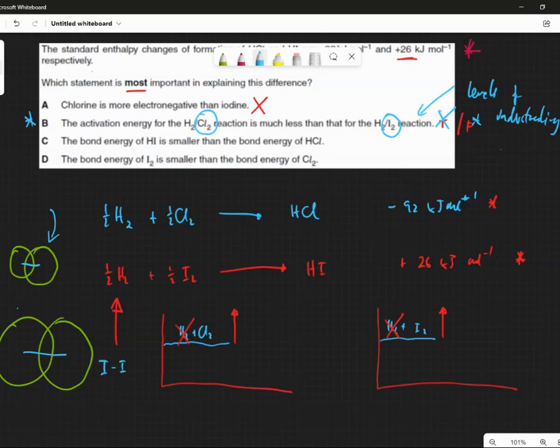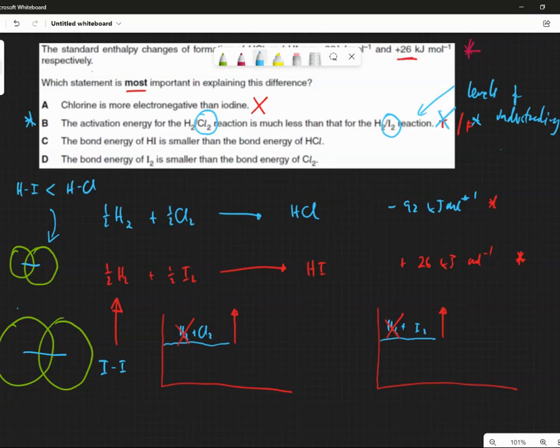The bond energy of HI is smaller than the bond energy of HCl. Okay? Now, what does that mean? First of all, is that true? Is that statement true?